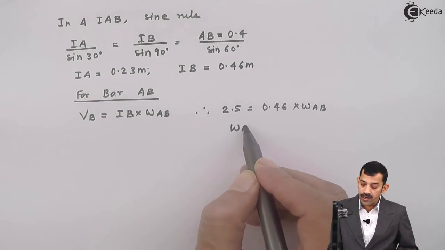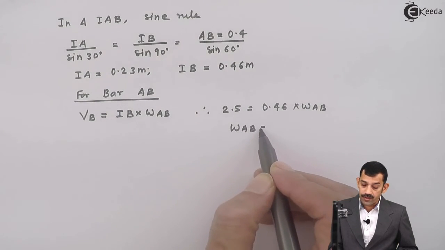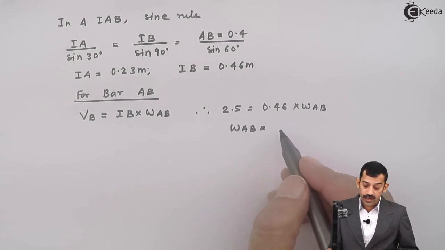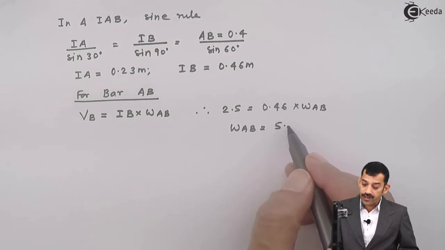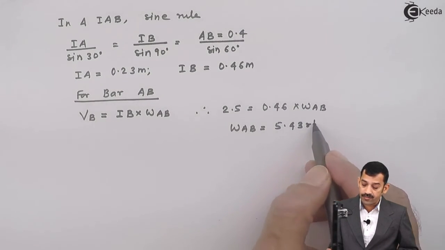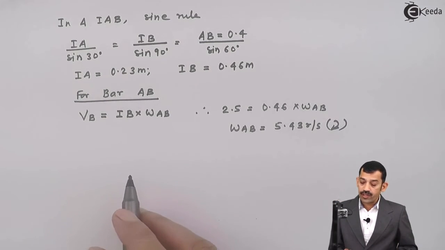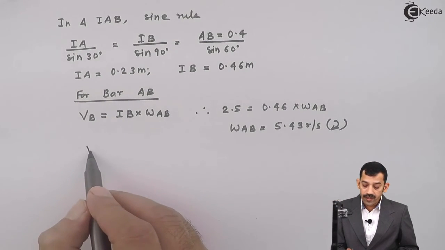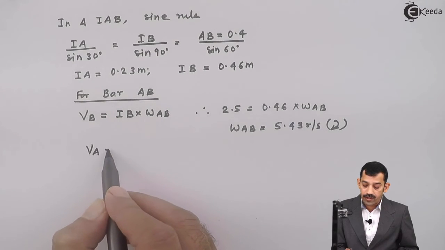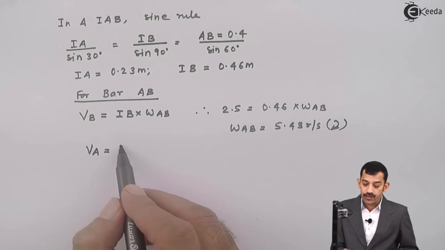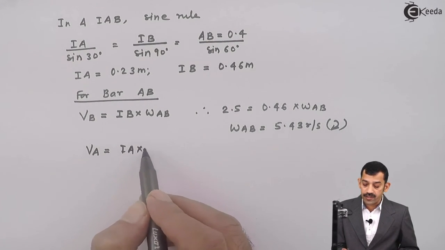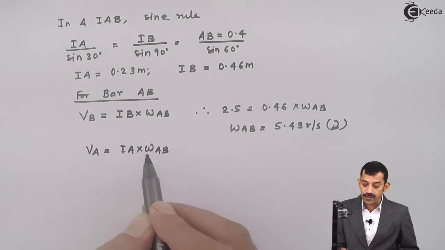Therefore, omega AB comes out to be 5.43 radians per second, direction of omega clockwise. Once we have omega AB, VA equals its distance from the center of rotation into omega AB.